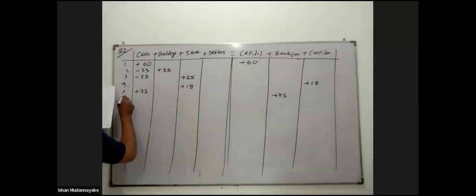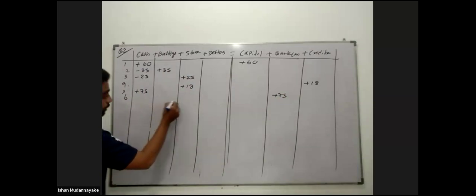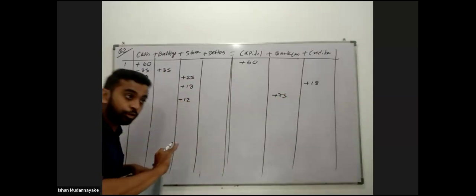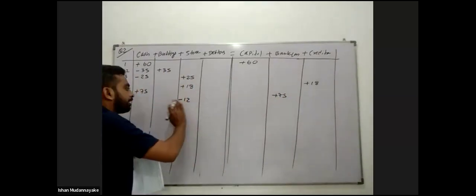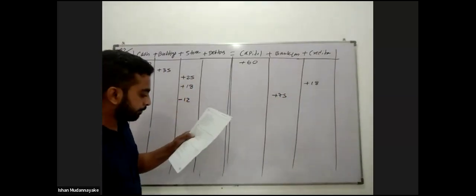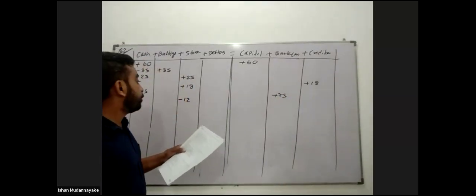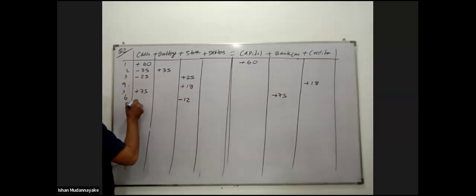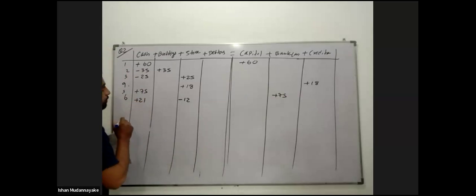Next transaction, sixth one. A trade stock costing 12,000 was sold for 21,000 on cash basis. You have sold 12,000 stock, so stock decreased by 12,000, and on cash basis you receive 21,000 cash to the business.